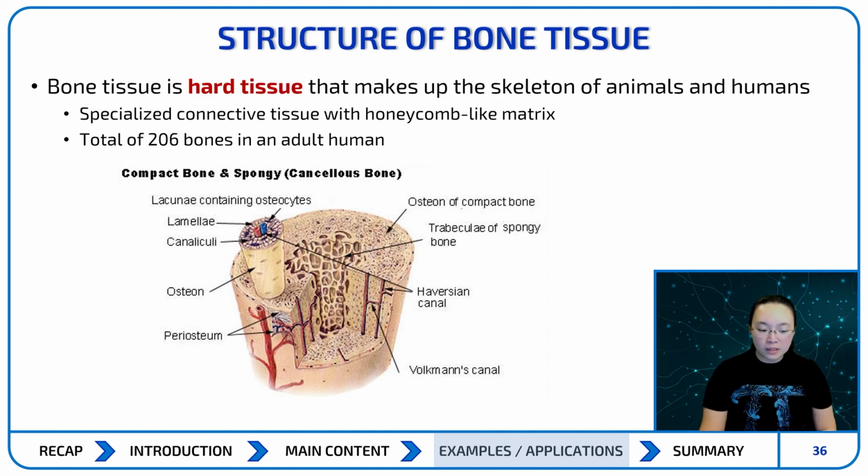The difference between these types of bones really has to do with how much compact bone they have versus spongy bone. As you can see in this picture, if you've looked inside a bone before, like a broken chicken wing bone, you'll notice that the outer shell of the bone is super hard and dense, and that's called the compact bone.